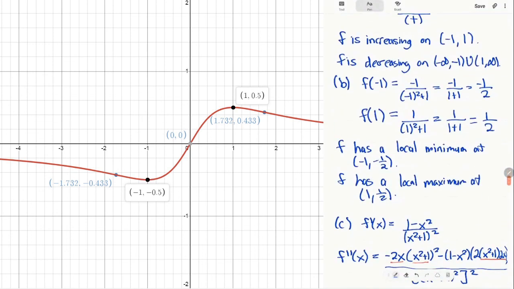So here's the graph of the function. So what we observed is that the function is decreasing from negative infinity to negative 1. It is then increasing from negative 1 to positive 1, and then is decreasing from 1 to infinity. We found the local minimum at negative 1, negative 1/2, and a local maximum at 1, positive 1/2.